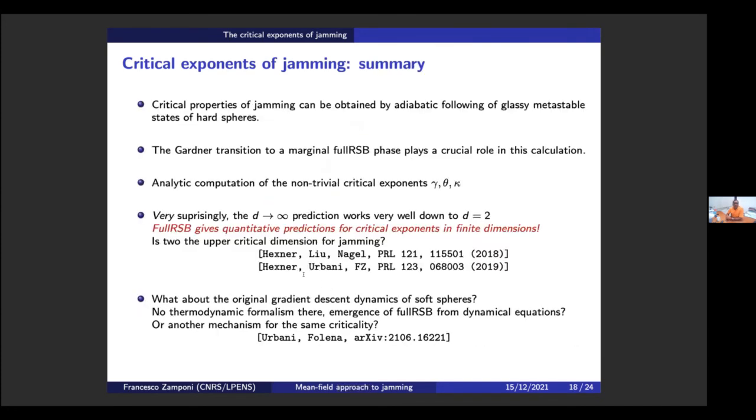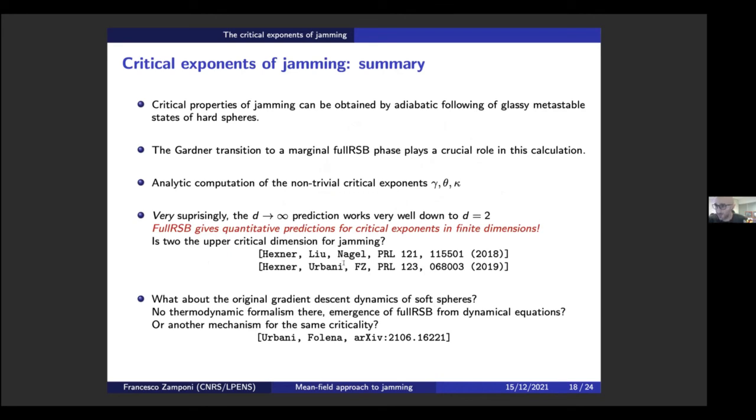Is there some sort of suppression of fluctuations near jamming such that mean field like theory somehow works? Yeah, that's more or less the idea of these works. Here you can check these works. The idea is that if you look at the fluctuations of the force, like if you could make a static structure factor S of Q, but not for positions, but for forces, you find that the low Q behavior is suppressed.